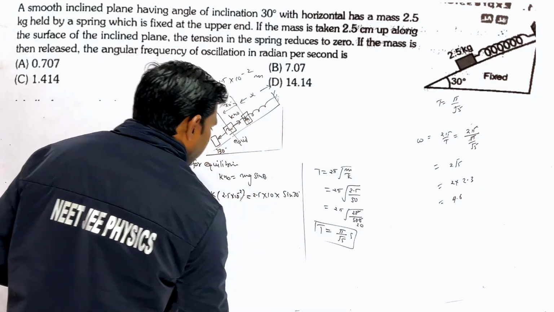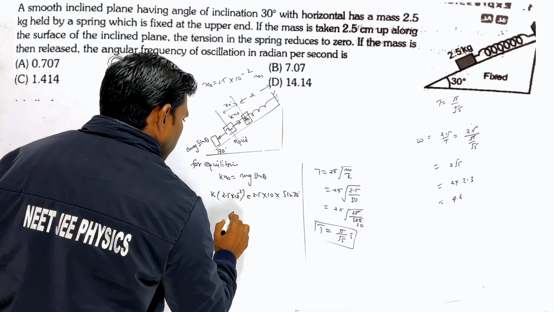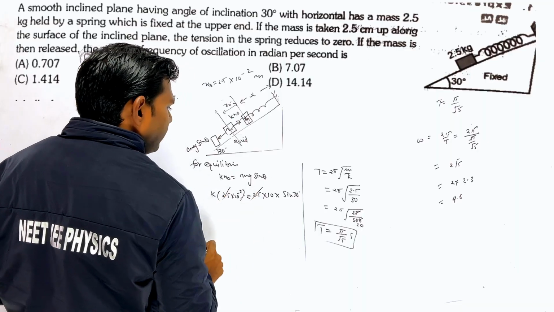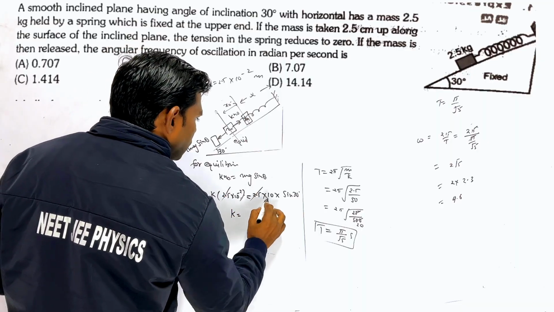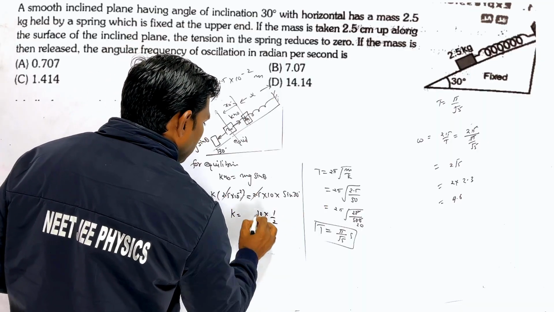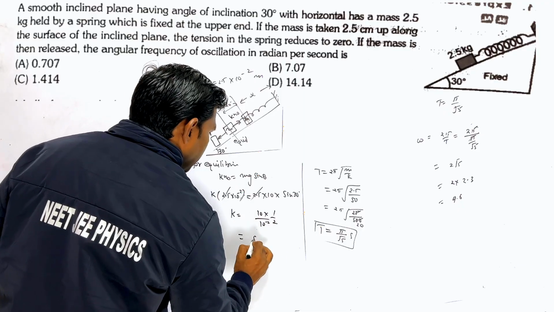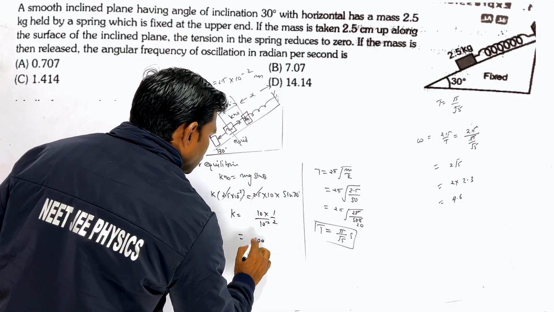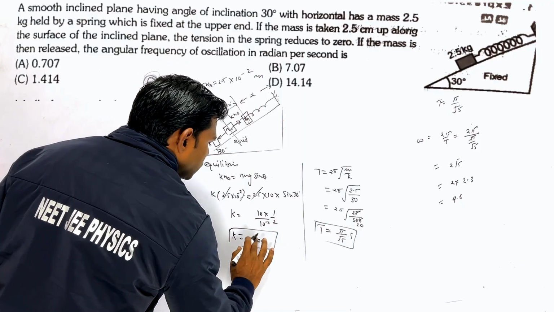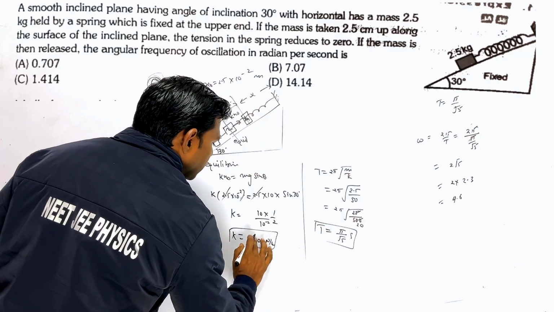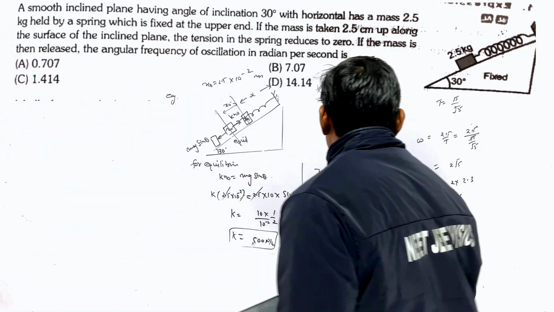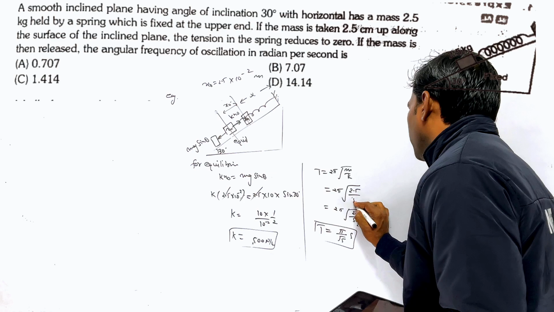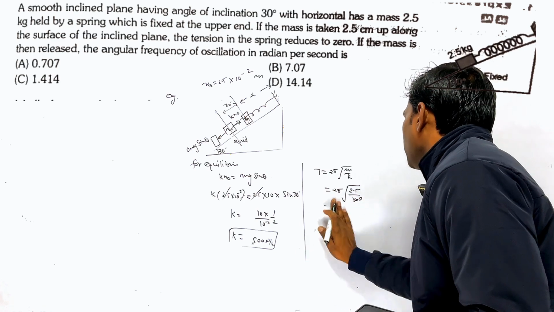Now please simplify. So this is equal to what? 2.5 will cancel out. K is equal to 10 into 1 by 2 upon 10 to the power minus 2. It is 500. So the spring constant comes to be 500 Newton per meter. Fine. Here I will put 500 Newton per meter.